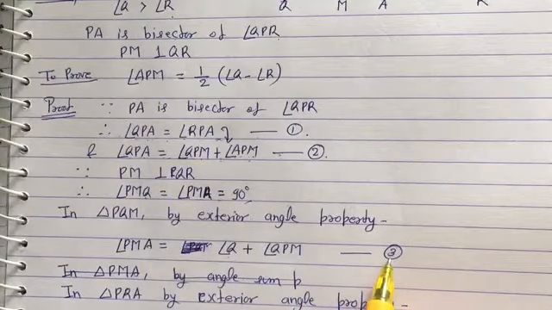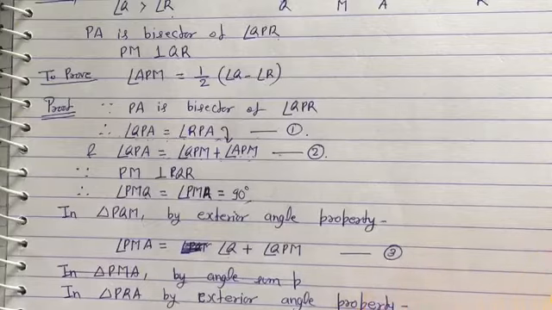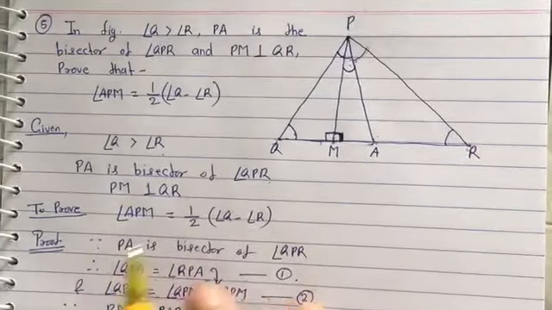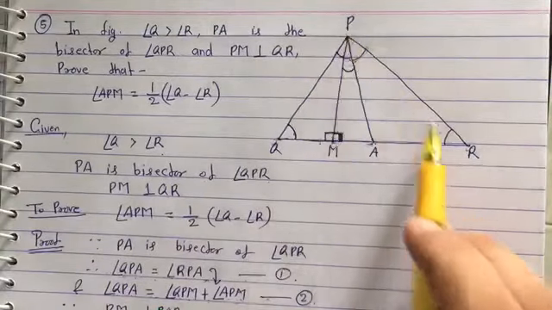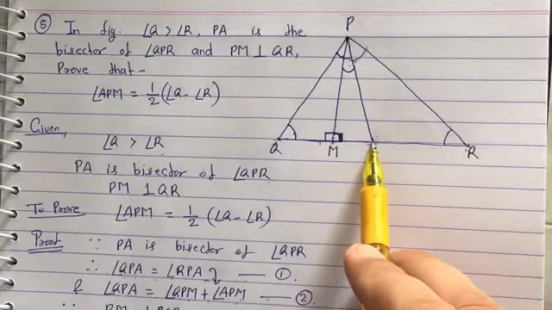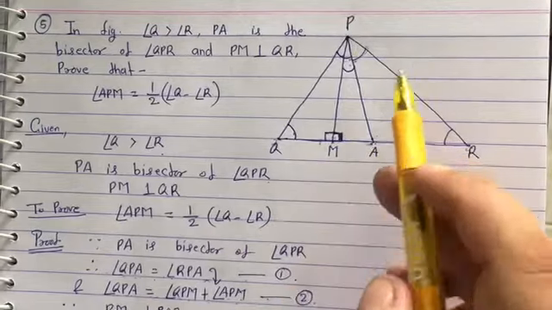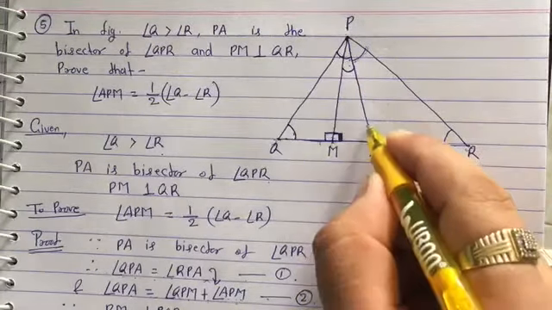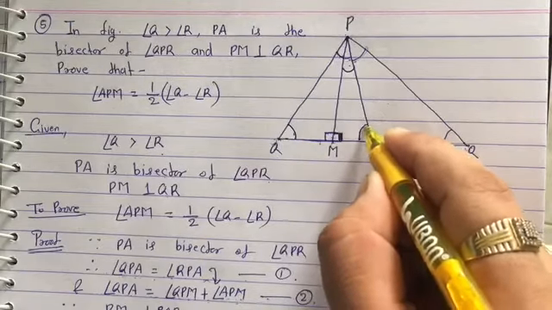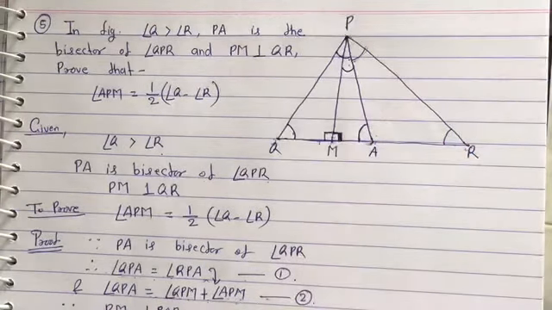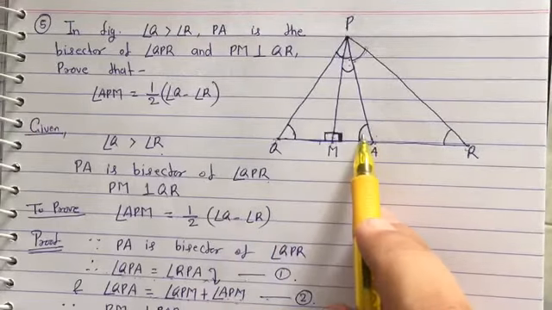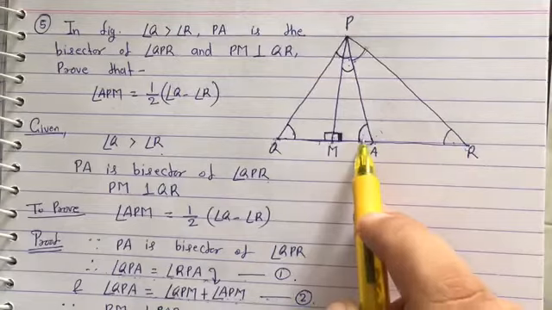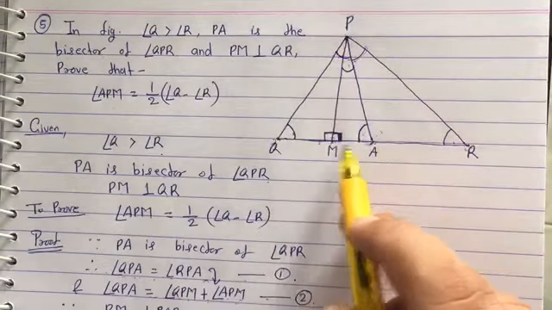Again we are going to use the exterior angle property, but in which triangle? In triangle PRA. For triangle PRA, this is the exterior angle, meaning this exterior angle is equal to the sum of the interior opposite angles, and the name of this angle is angle PAM.